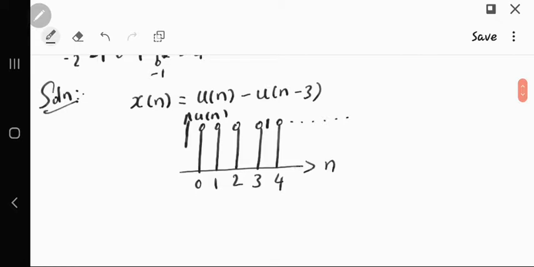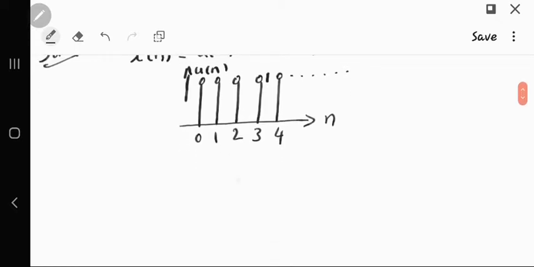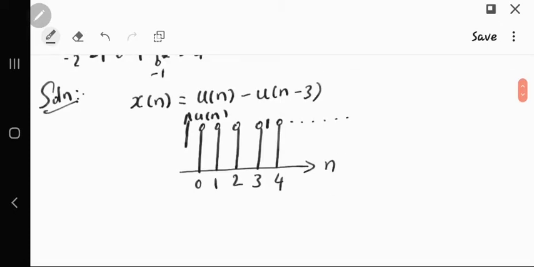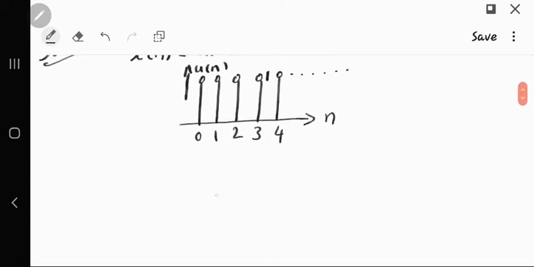It varies with respect to time n. Now u of n minus 3, I am writing one below the other. We want minus u of n minus 3. First we plot u of n minus 3 here. That means we have to shift the signal u of n by 3.